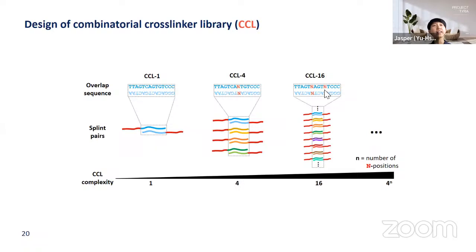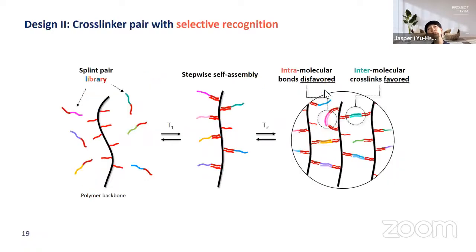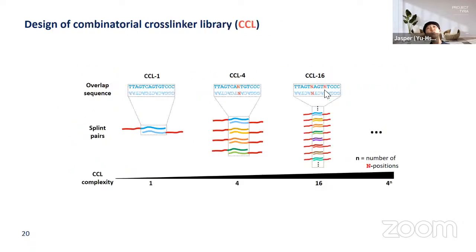I want to highlight how we designed this diverse sequence, because in principle, you can just design 100 different sequences and do 100 different syntheses. But this is what makes your cost quite high, not affordable in cell culture. So we use a combinatorial approach by introducing random bases inside this overlap domain.